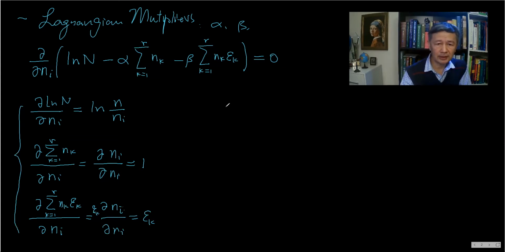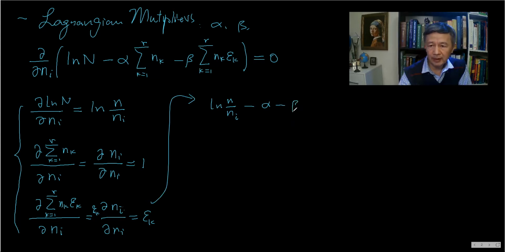So we got n log n over ni, where n is the total number of identical particles in the system, could be the number of gas molecules, equal to minus alpha and minus beta epsilon i. Here it's not k, it's i.